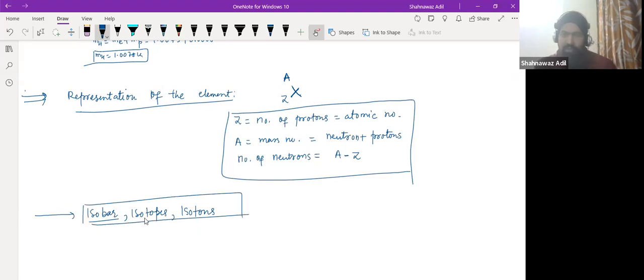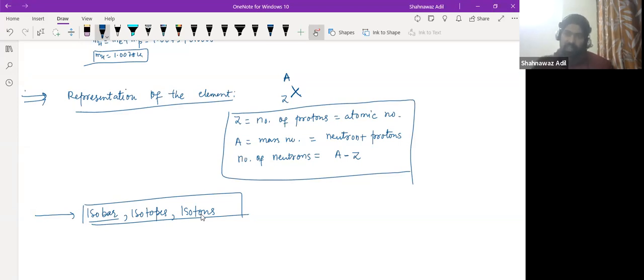For isotopes, the atomic number is the same and the mass number is different. For isobars, the atomic number is different but the mass number is the same. And for isotones, the neutron number is the same. So these three kinds of elements are there.